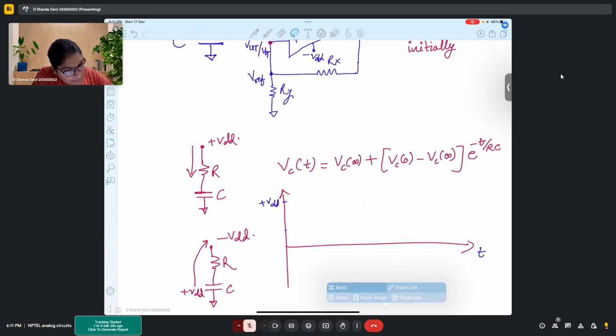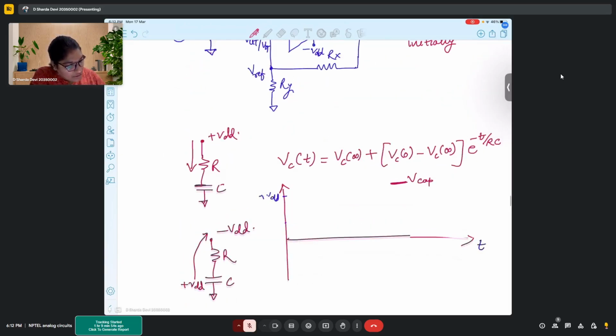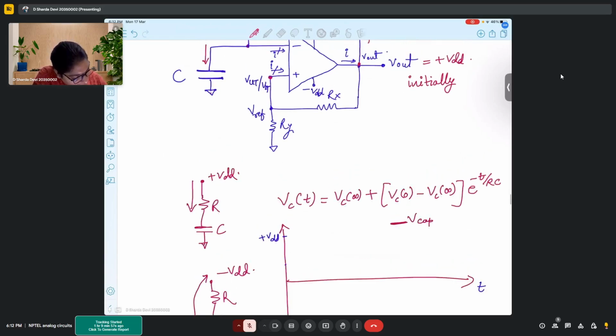Your output, or I should say VC, this is VC, the capacitor voltage, and I'll draw the output by a blue colored line, so there is no confusion. My capacitor charge is slowly increasing. It can reach till VUT, right?